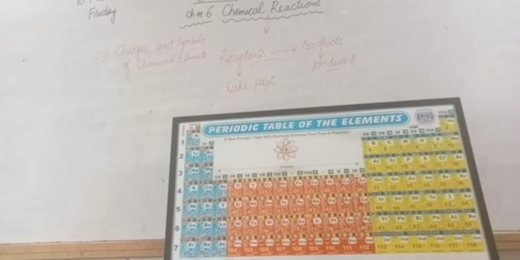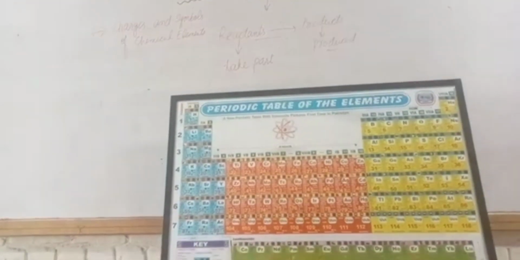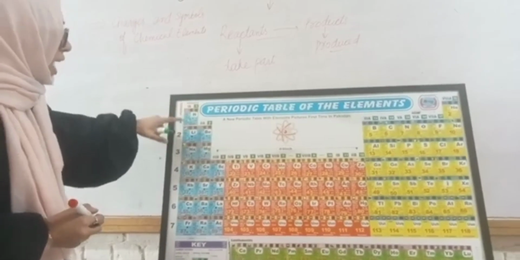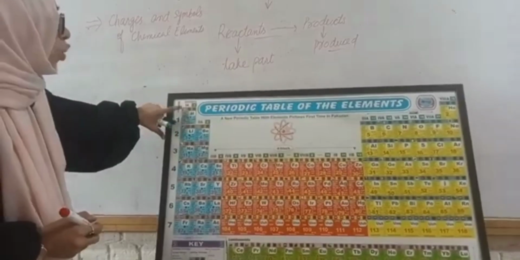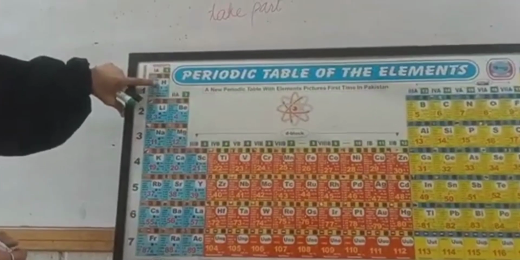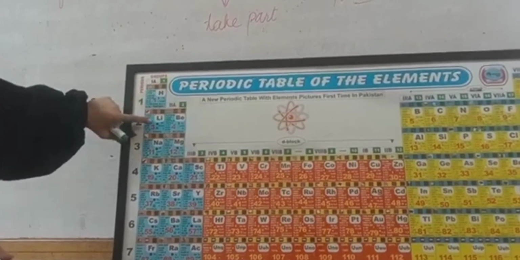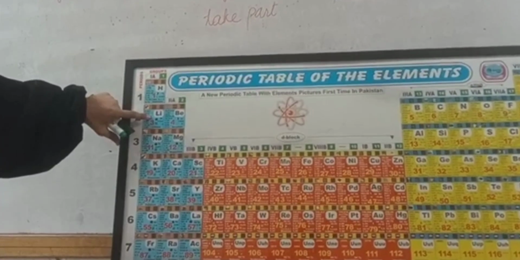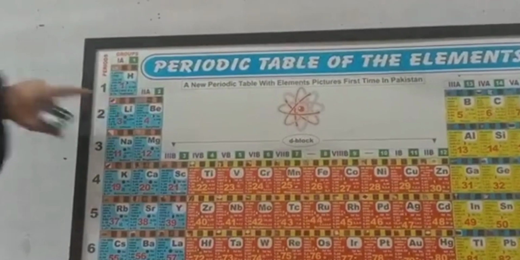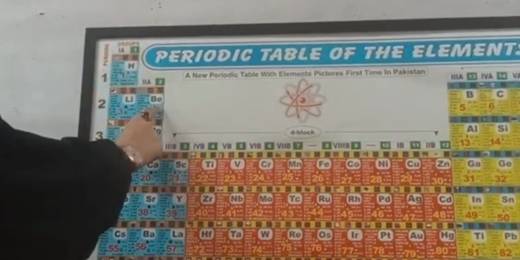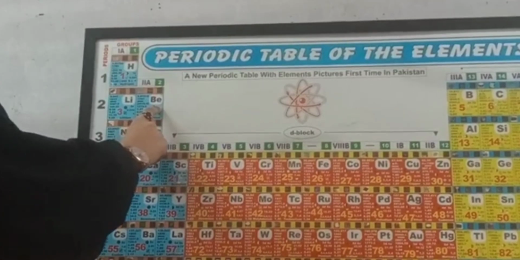As we have made a list of chemical elements, symbols and the charges, with the help of this table we can get an idea about the charges of these elements. As hydrogen is in group number 1, it has charge +1 and symbol H. Similarly, lithium is in group number 1, so it has charge +1 and symbol Li. Similarly, for group number 2, beryllium, Be is the symbol and it has charge +2.